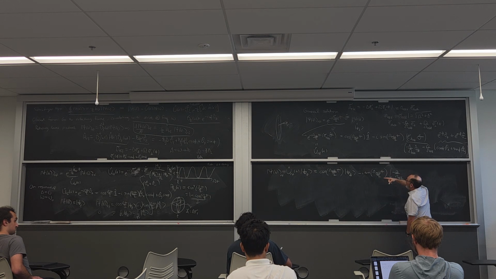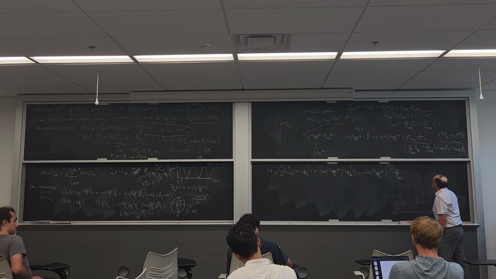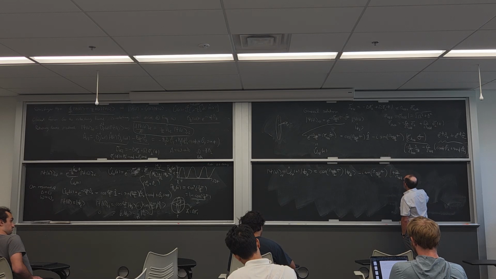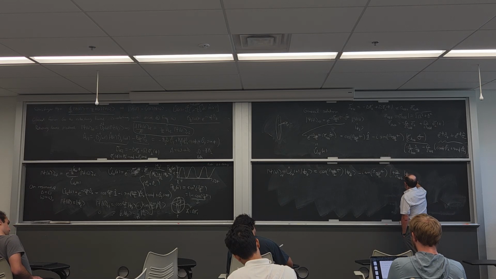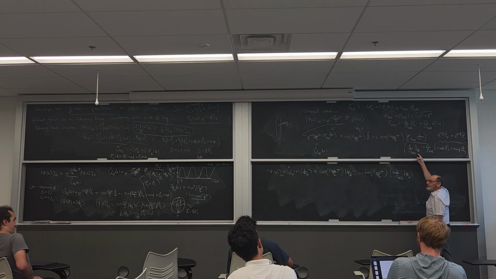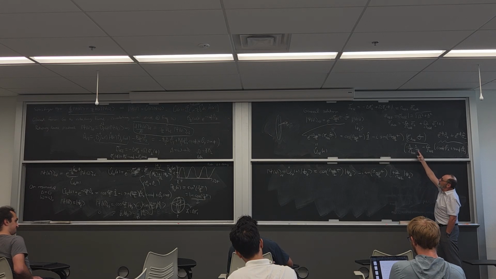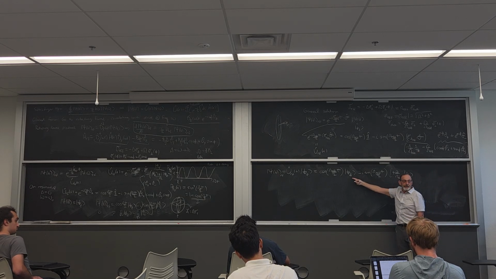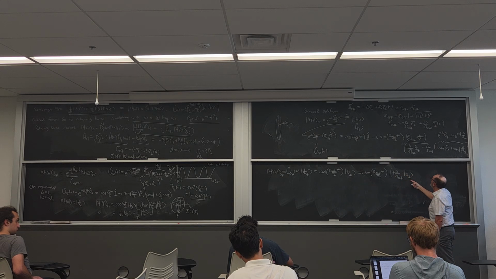Sigma z acting on that is what? Negative. Right. So I'm going to get plus spin down over omega. That's the first term, right? Because when sigma z acts on spin down, I get minus 1.